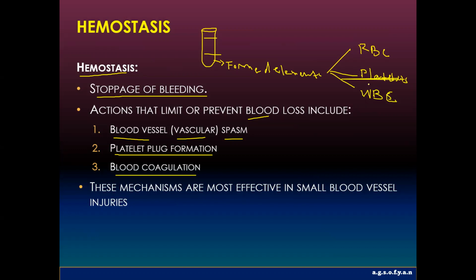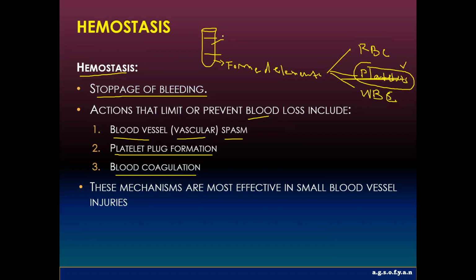Okay, so from these 3 formed elements, the one that is needed for blood coagulation or stopping the bleeding is the platelets. So from this component, we're gonna talk about how the platelets stop the bleeding.